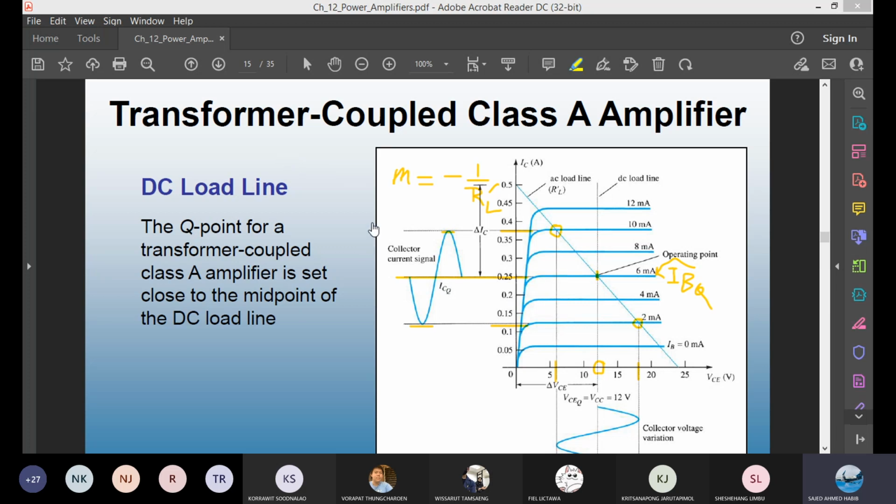I just need to bring it to your part. Power amp. Example 12.1.